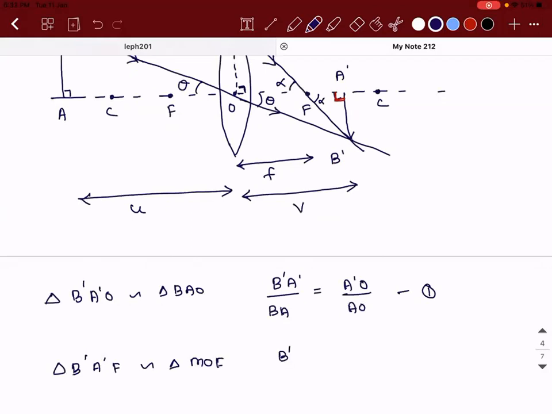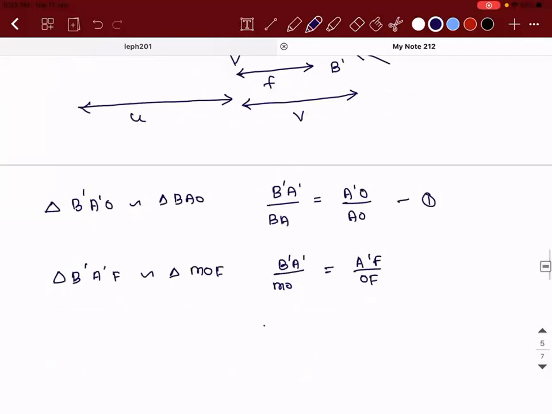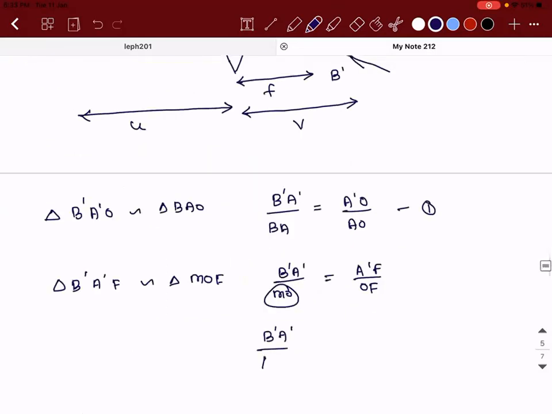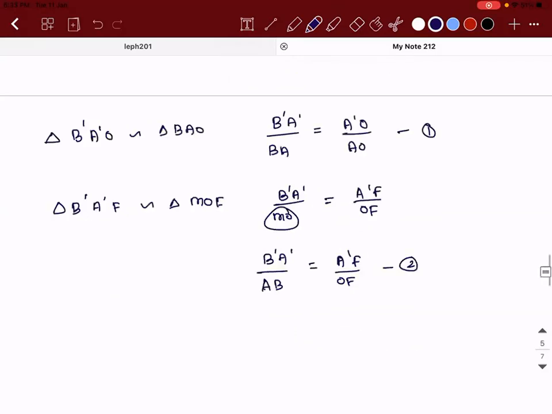So B dash A dash divided by MO is equal to A dash F divided by OF. MO is numerically equal to AB, so AB is equal to A dash F divided by OF. Let me call this equation number 2.